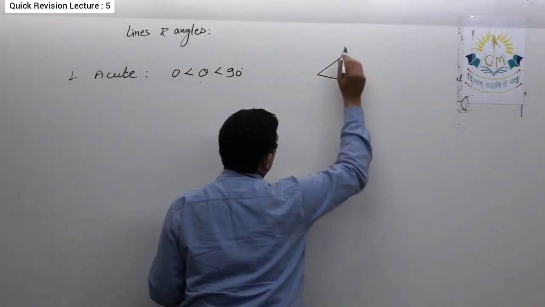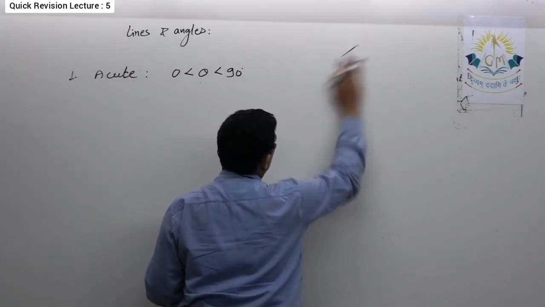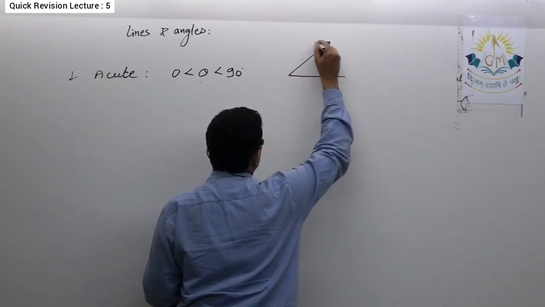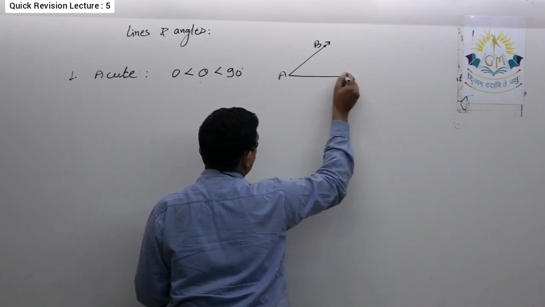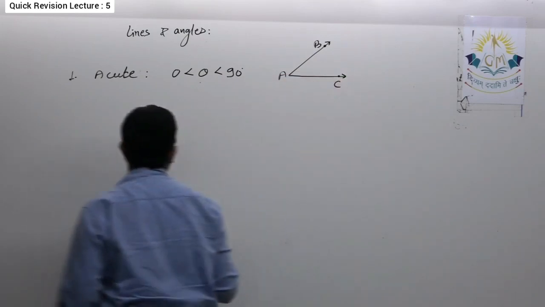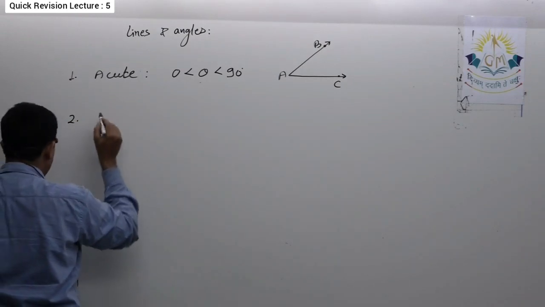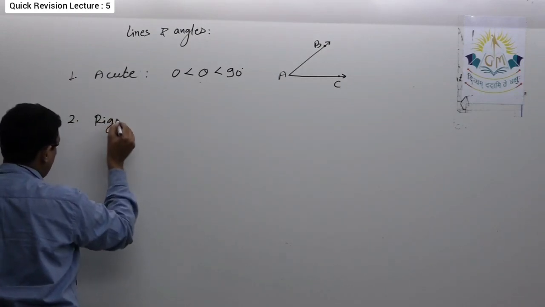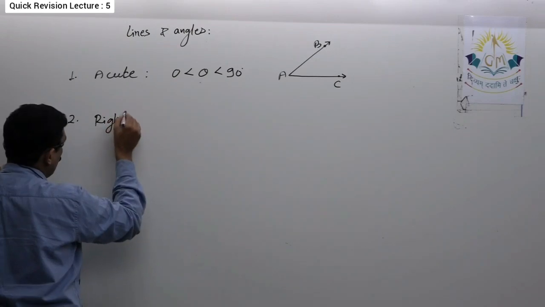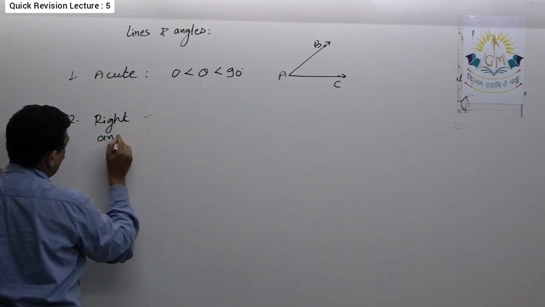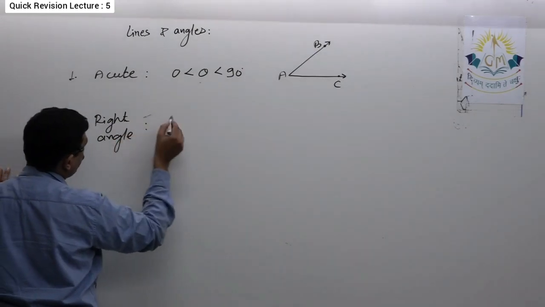In this way we can represent an acute angle. Then next is the right angle.